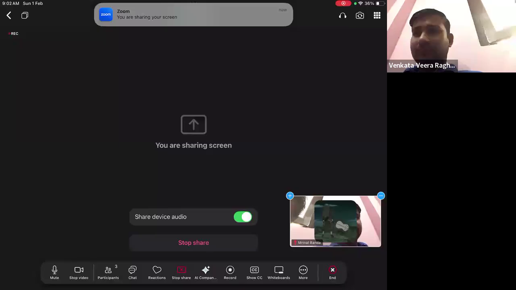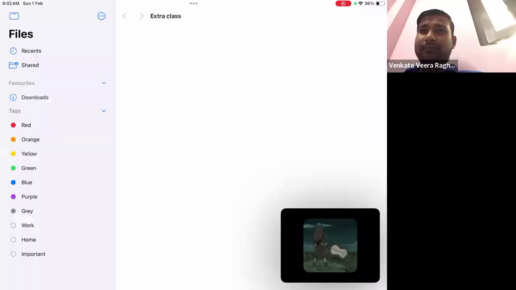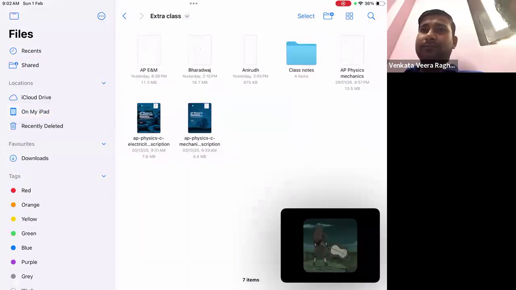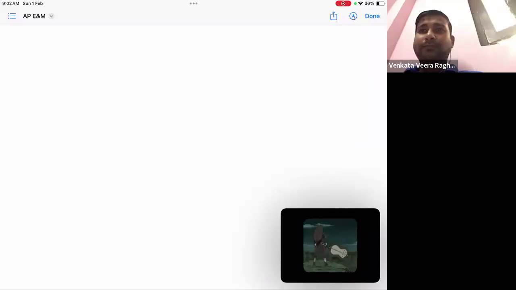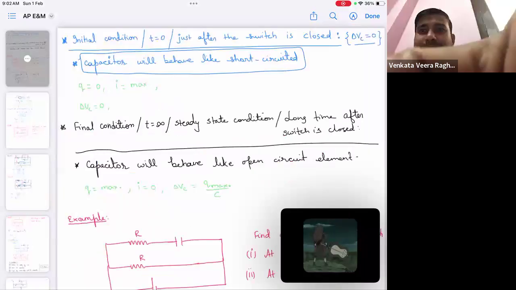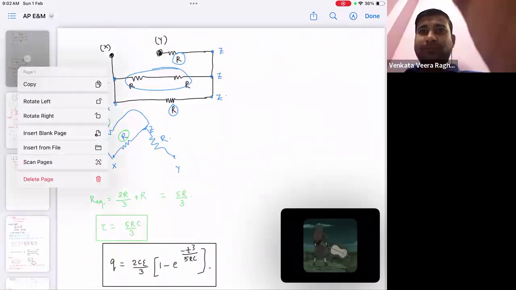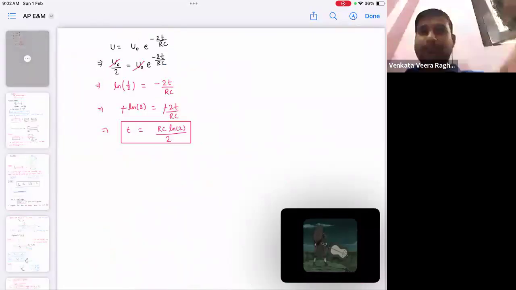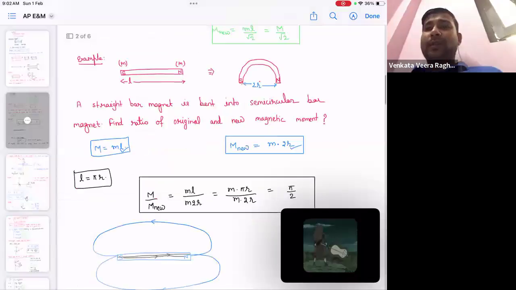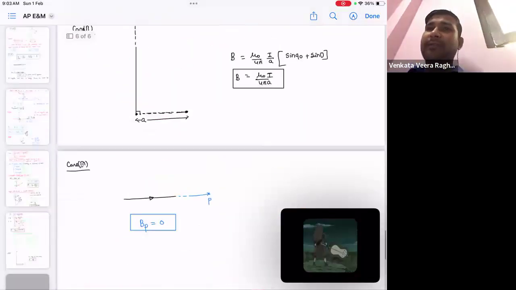Different examples we will take. Right, so magnetic field due to a current carrying conductor we have calculated.